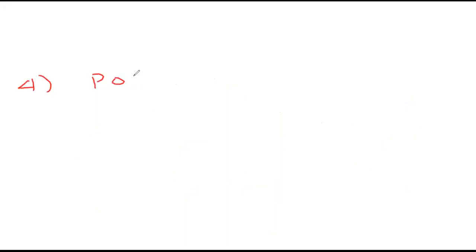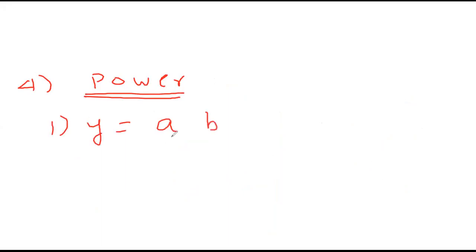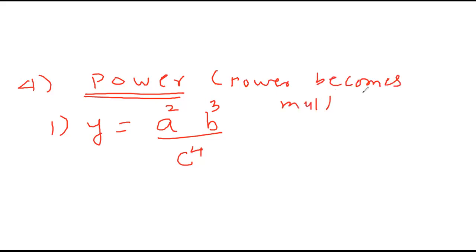Suppose it is in power form. If a quantity is multiplication as well as division and some powers are also present, then remember power becomes multiplier. Power becomes multiplier.